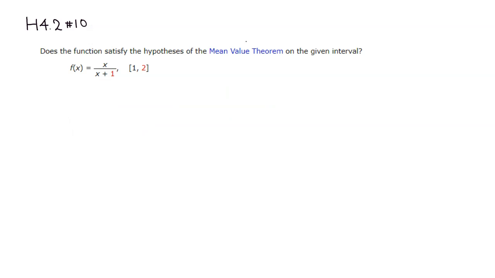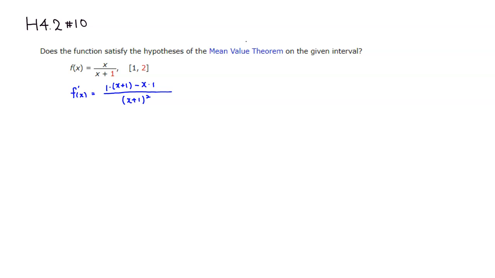First we need to find the derivative. So f prime of x is equal to, we're going to use the quotient rule. Square the bottom, so quantity x plus 1 squared, and the derivative of the top is 1 times the denominator x plus 1, minus the top x times the derivative of the denominator, which is 1.